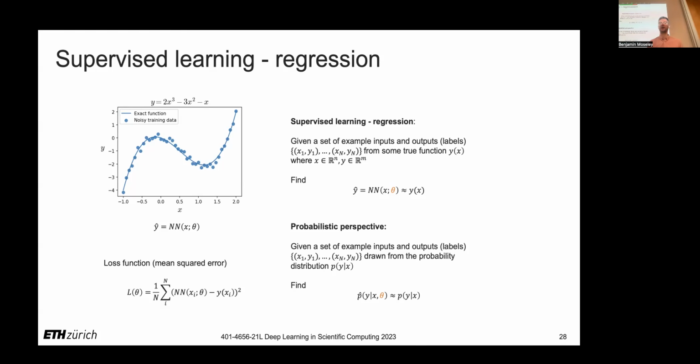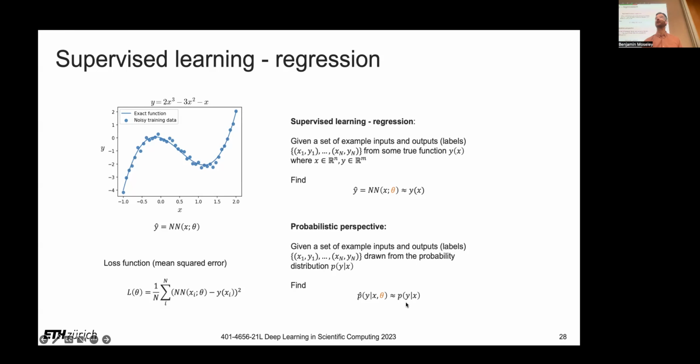So I'm quickly going to show you a probabilistic perspective on regression. What we say now is y is a random variable, and it depends on x, and we have this unknown distribution, which is the probability of y given x. So it's a conditional probability distribution.